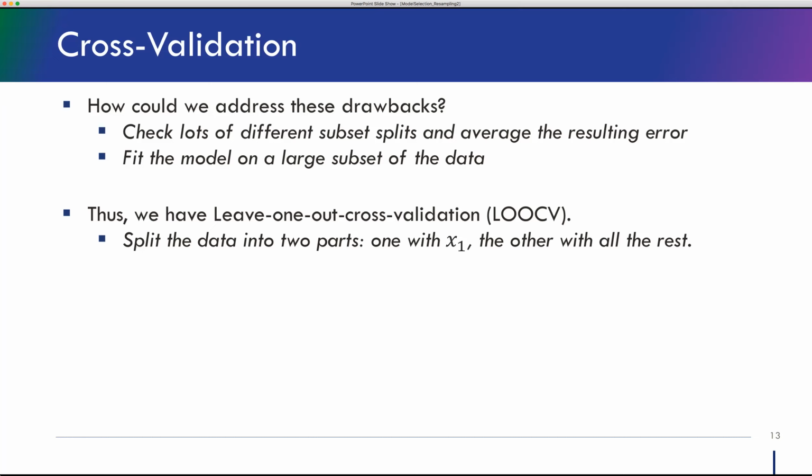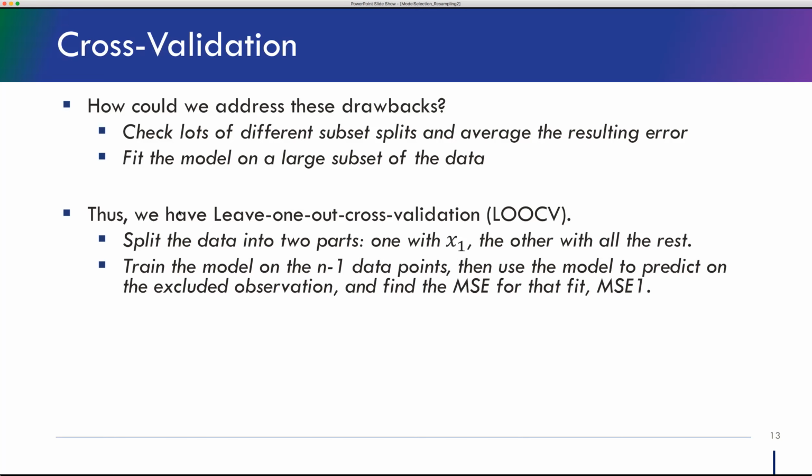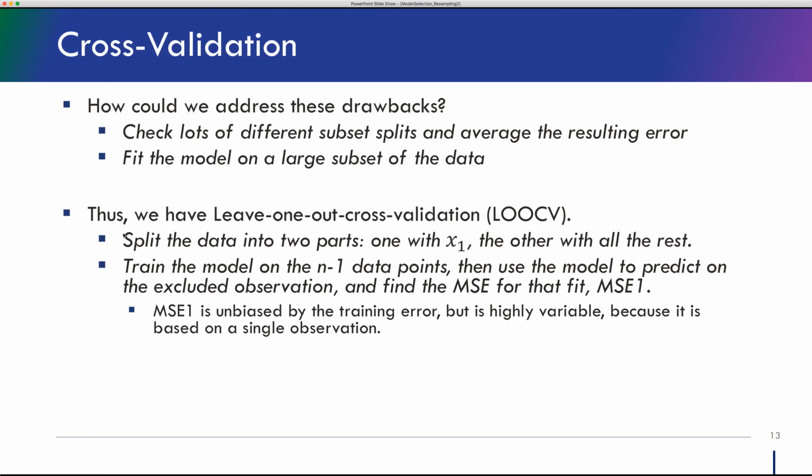The validation data set only has one data point, and the training data would have n-1 data points. I have it formally written up here: split the data into two parts, one with a single data point, x1, and the other with all the rest.